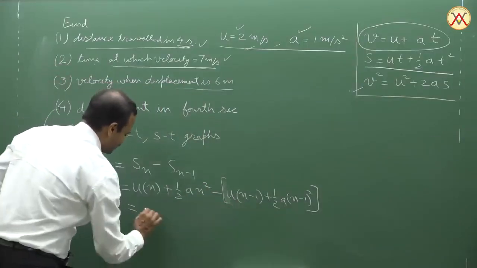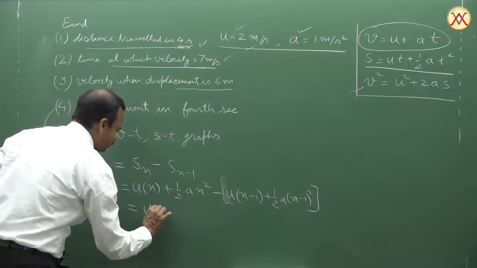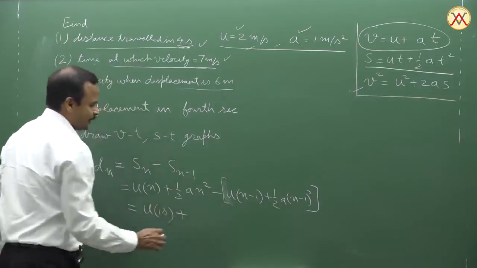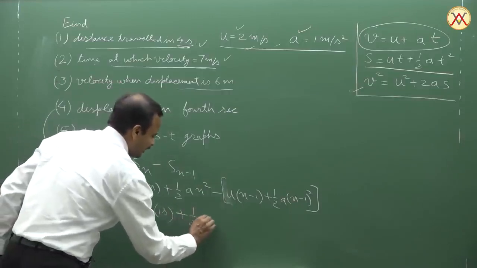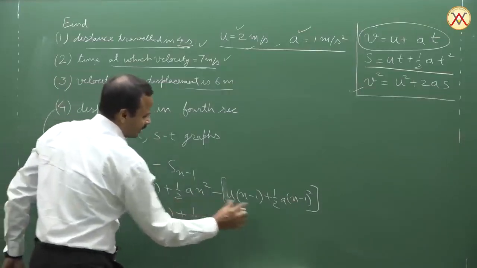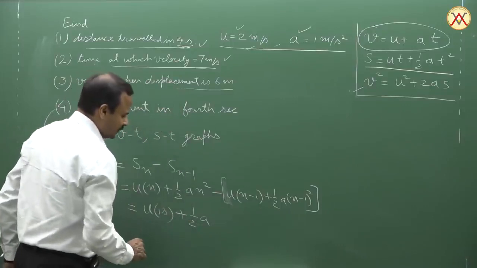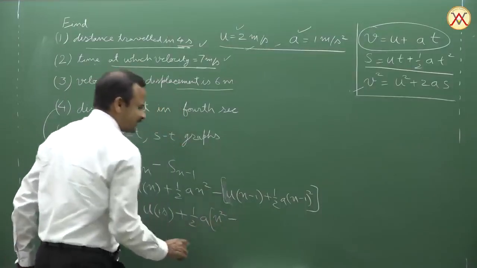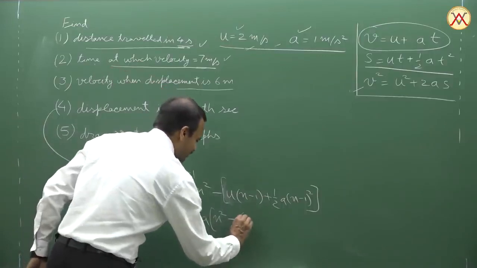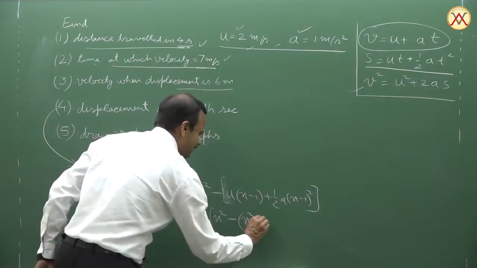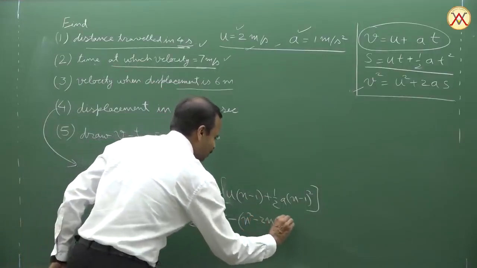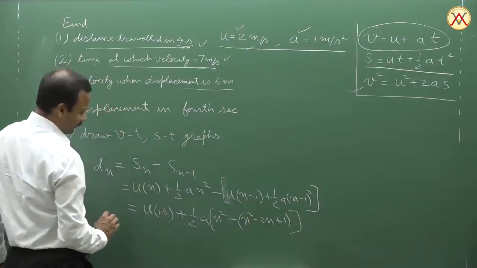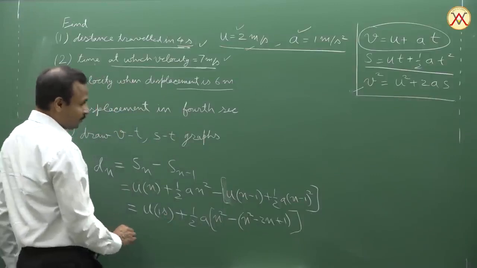un minus u(n minus 1) gives you simply u multiplied by 1 second, plus half a, which we can take common in the second and fourth terms, times n squared minus n minus 1 squared. n minus 1 squared can be written as n squared minus 2n plus 1. So after simplifying, we can get the formula for dn.